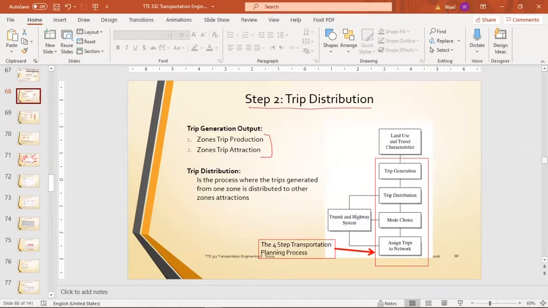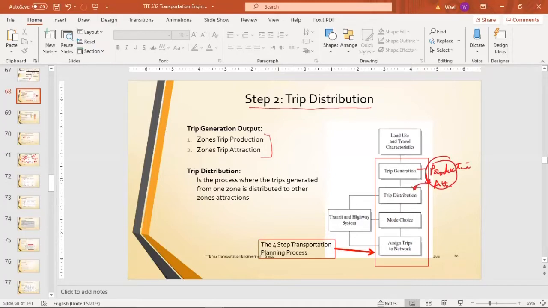Okay, so from the trip generation, we were able to calculate the productions and the attractions for each transportation analysis zone. So these are basically the inputs to the trip distribution.